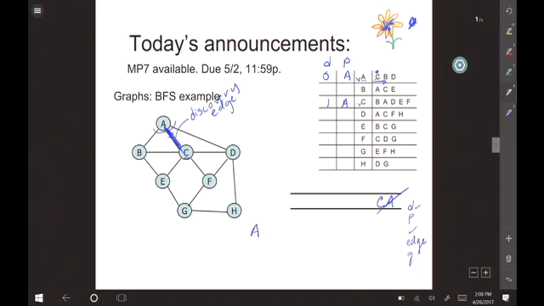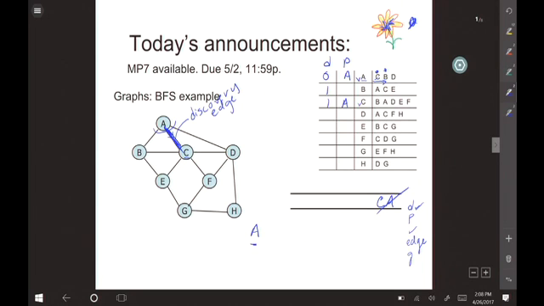We're done with C, and we're still processing A's for loop, so we go on to B. The first question we ask is, hey B, have we seen you before? To which B responds, no, B is new, and so we do the following. We update the distance to B to be 1 plus A's distance.